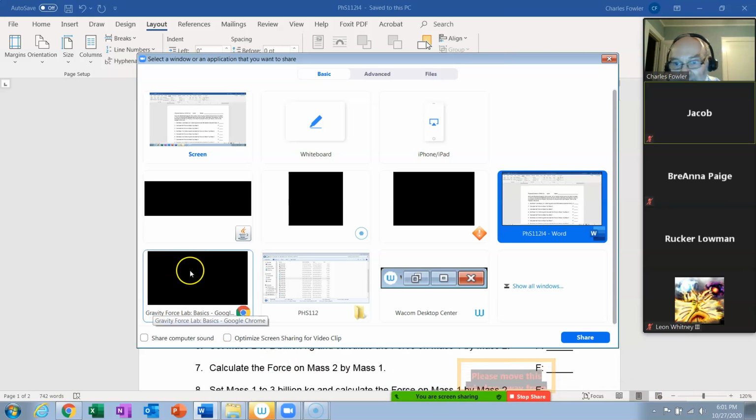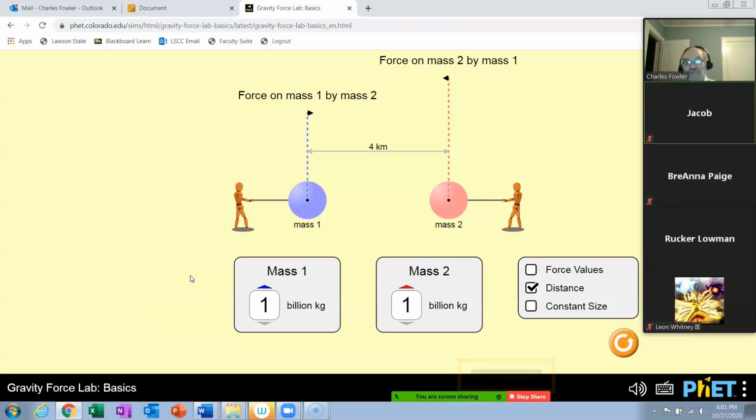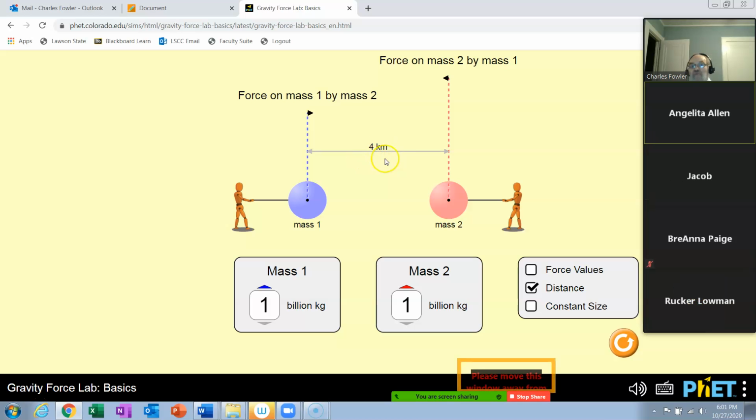There it is. So what's the distance between them? Y'all see it? 4 kilometers.